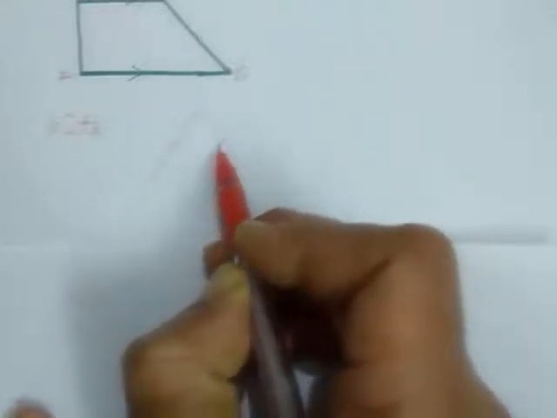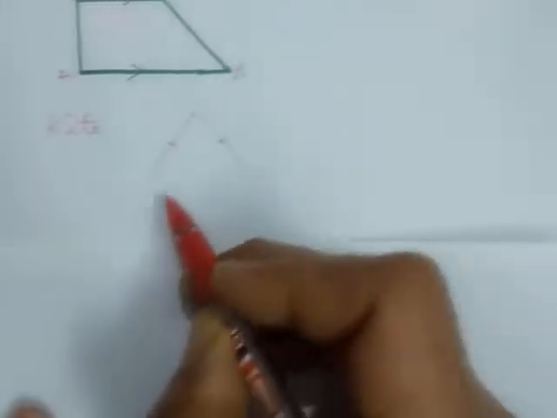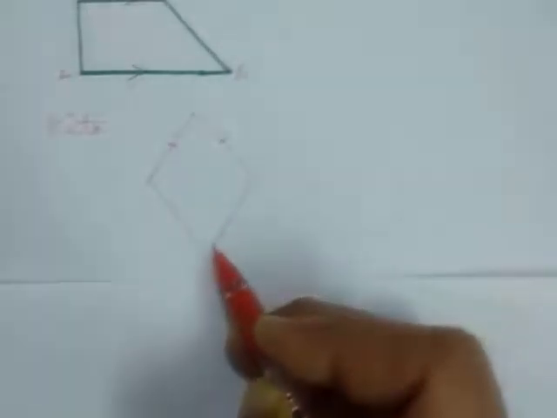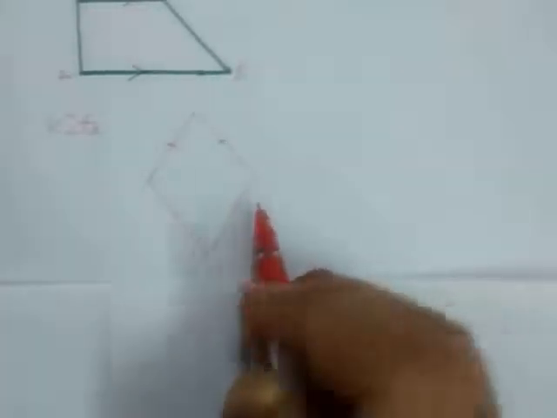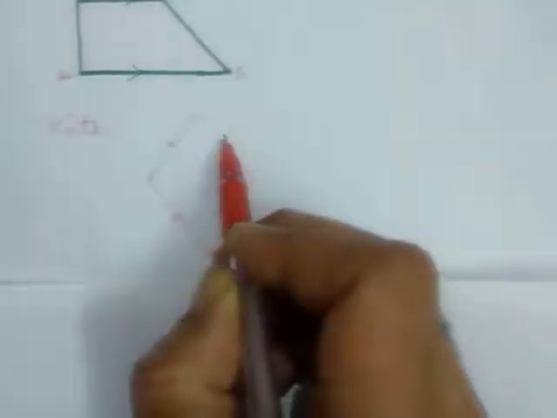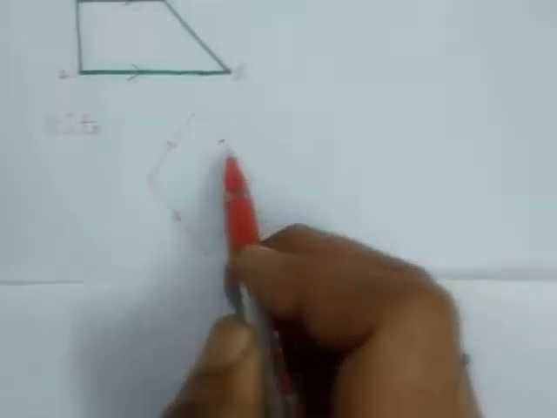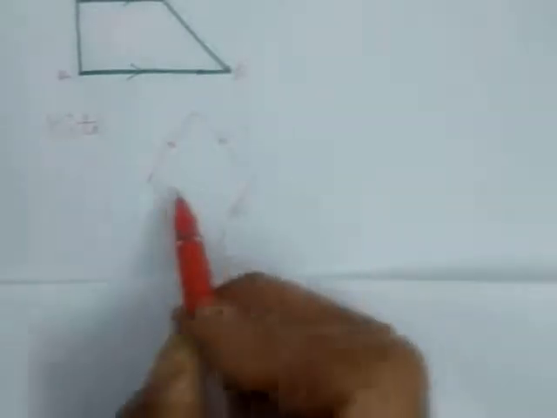These are two adjacent sides which are equal, and the other pair of equal sides is like that. These two are also equal. These two are adjacent sides and these two are also adjacent sides. So two pairs of adjacent sides are equal. Then this type of quadrilateral is known as a kite.